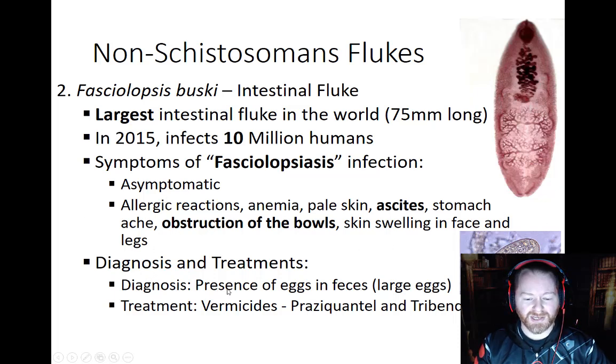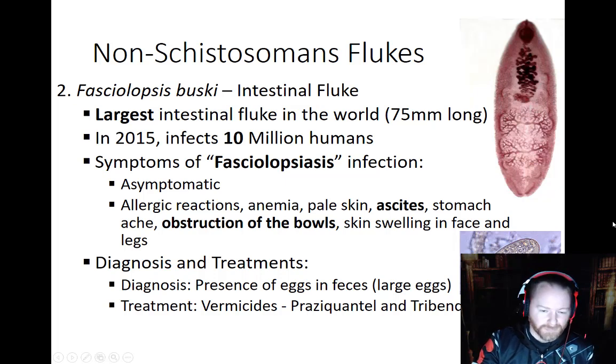So diagnosis for this guy is simply presence of the eggs in feces. Because they're so large, you don't need to do the other test. You can actually see the eggs in feces. And the same thing, treatments, we get the same vermicides as we had before. So again, if any of the symptoms have anything to do with the intestines or swelling in the skin and the face and the legs, that generally has to do with the intestinal fluke.